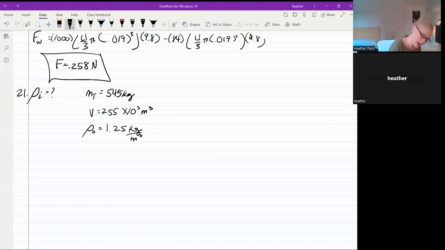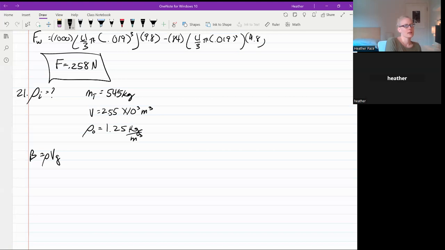So we know that buoyancy equals rho V g, and that is not enough to solve this.